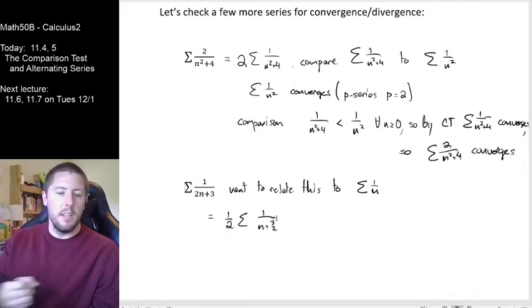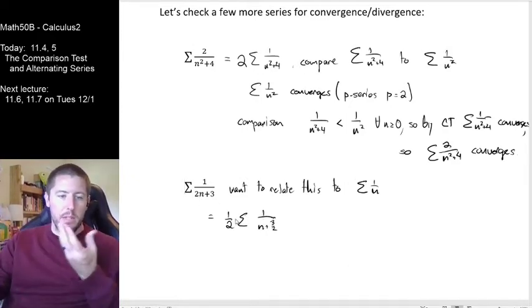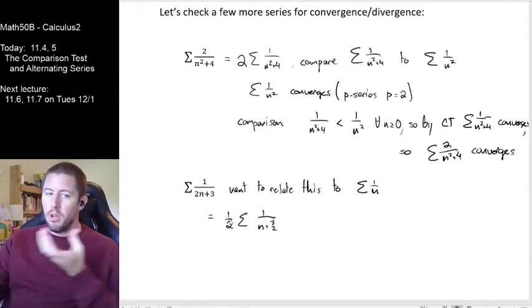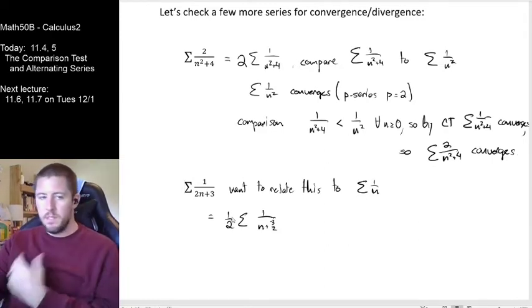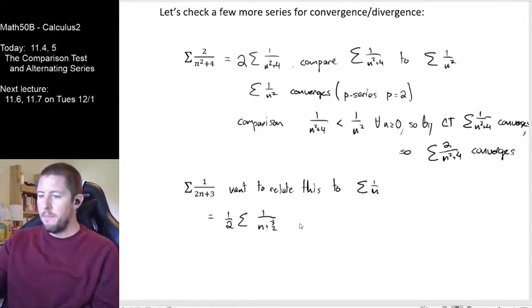This now feels a little bit better, because now I'm more directly getting this 1 over n comparison. That coefficient of 2 sitting out there was really just a constant multiple, so I pulled it out in front of my sum, just like you can pull constant multiples out in front of integrals.